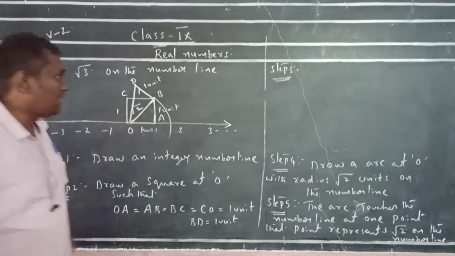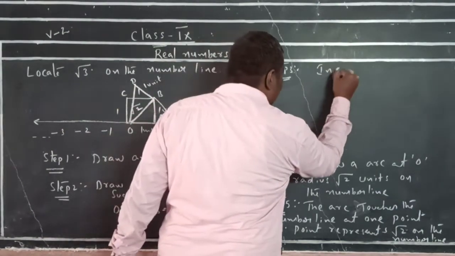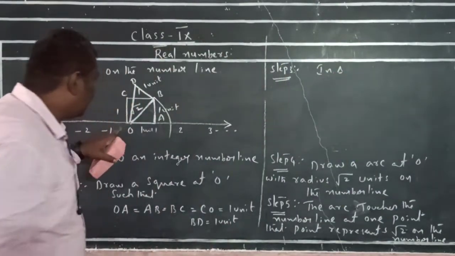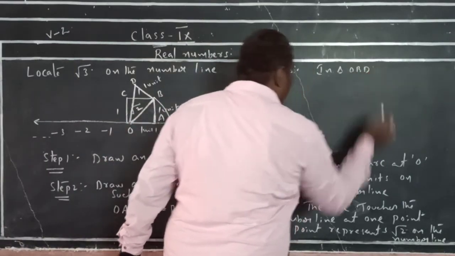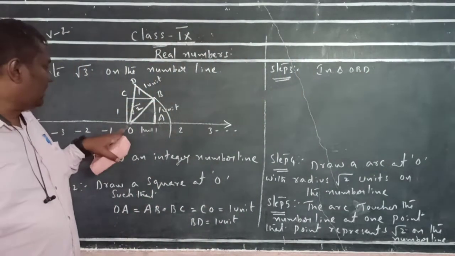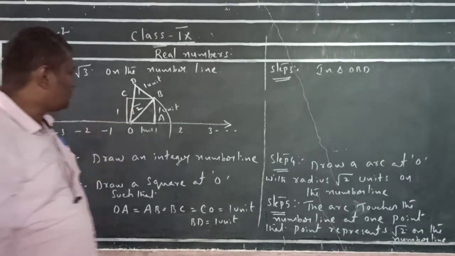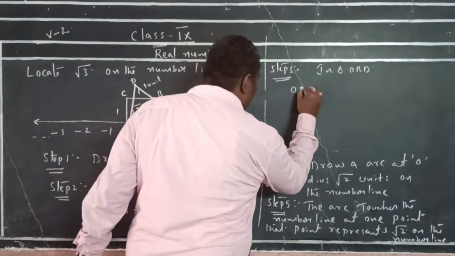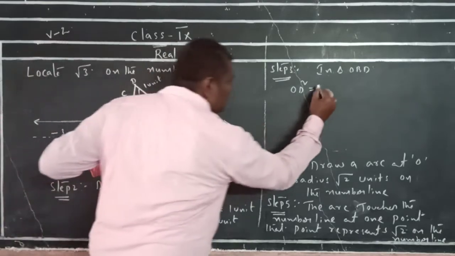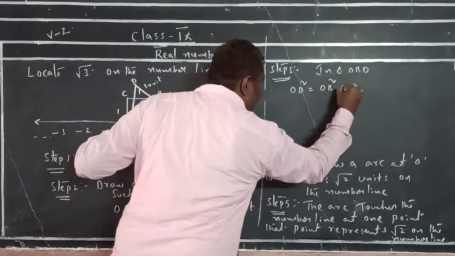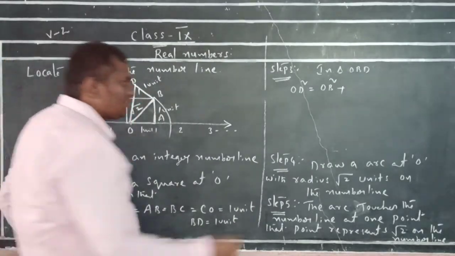Now in triangle OBD, apply the Pythagoras theorem. Here OD square is equal to OB square plus BD square.